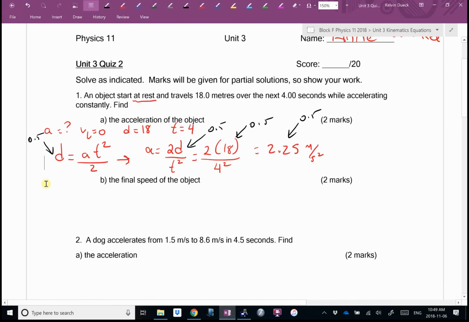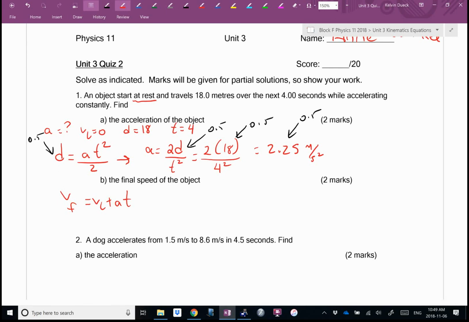V final. Are you getting pretty good at this? Are you getting the hang of this? I'm going to wimp out. I'm going to use part A to find V final. I'm going to use this. Now, I know I'm using my answer from part A, but I've done this enough now.